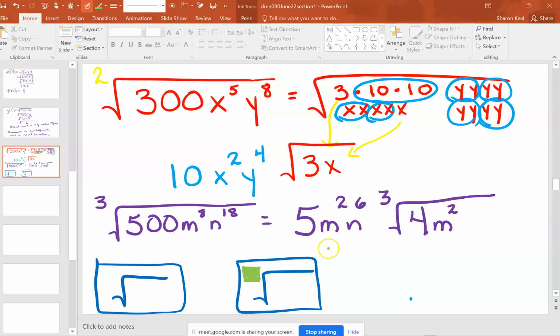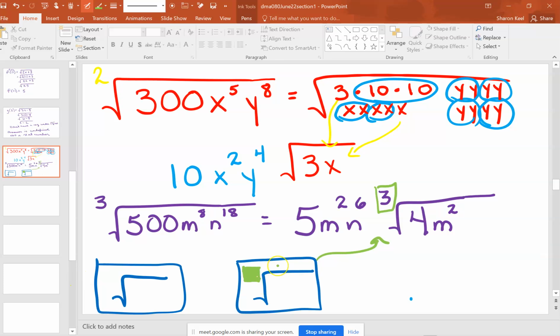This is the one that you would use if you were typing that in, because the 3 would go in the green box and then the 4m squared would go up underneath. Some people accidentally try to use the little box to raise something to a power and put it in front of this. Don't do that.